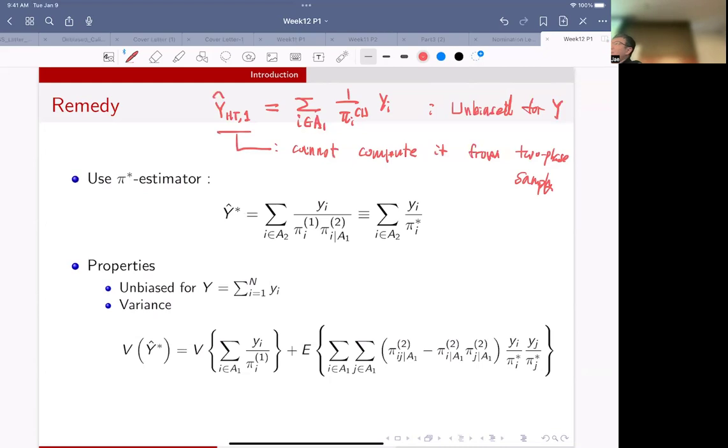So then what should we do? Well, we treat this as a parameter. So this is not really an estimator. This is a parameter, conditional on A1. This is just a parameter, so we treat it as a parameter.